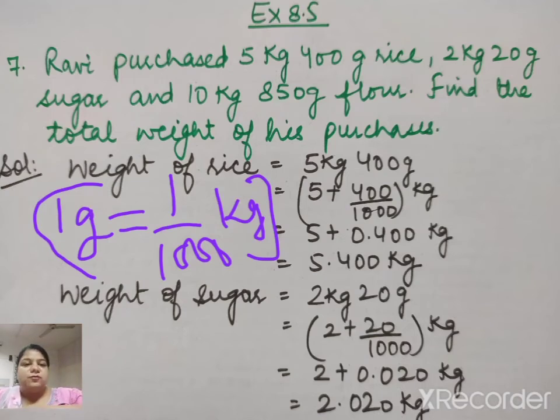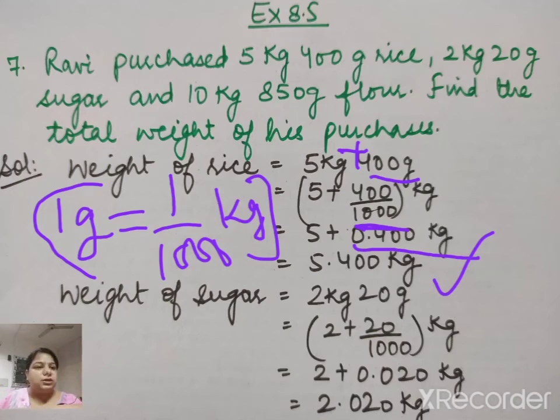So similarly 400 grams can be written as 400 upon 1000 kilograms, right? So 400 upon 1000 will become 0.400 kilograms, and when you add up, 5 means 5.000, so it will become 5.400 kilograms, right?